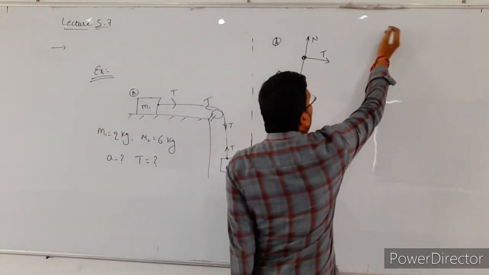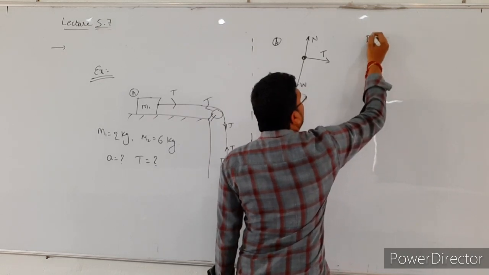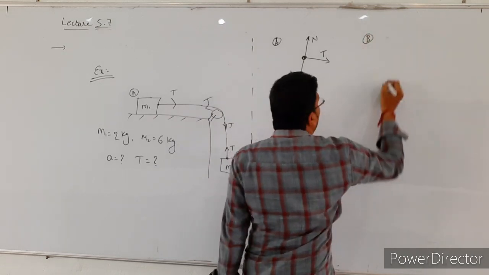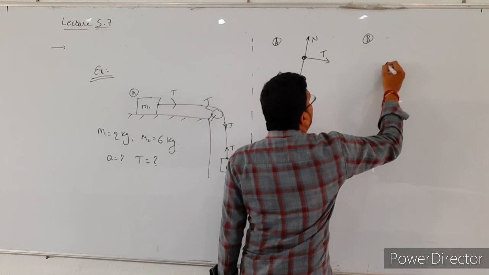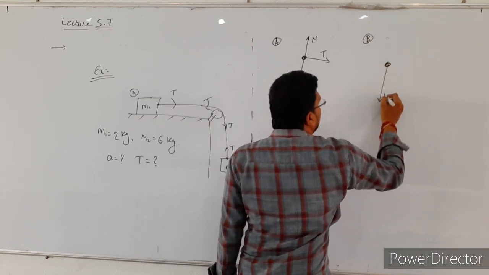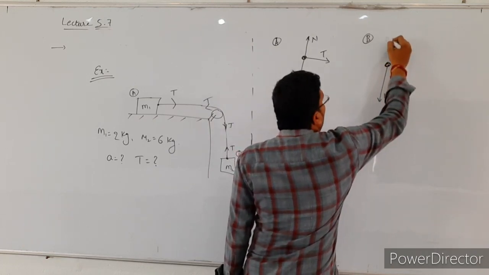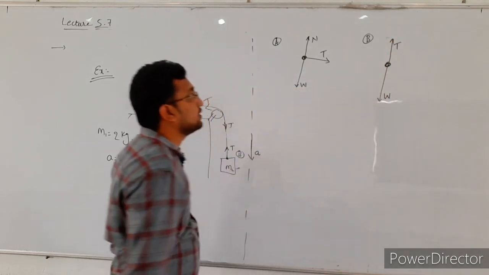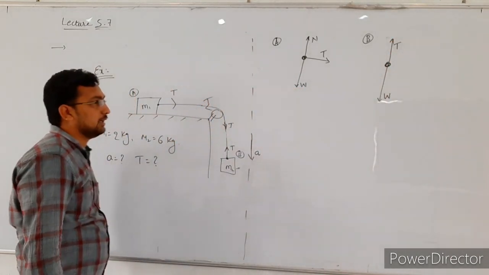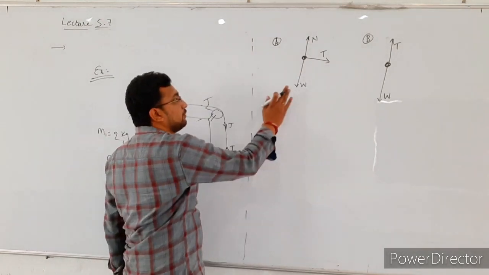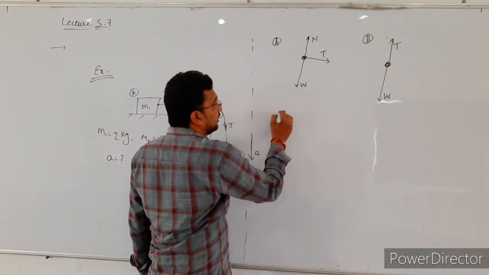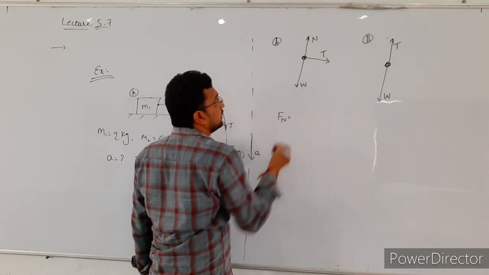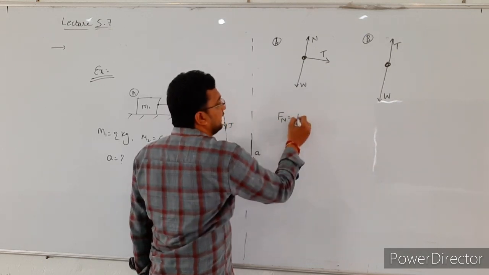Similarly, the free body diagram of body B, right? See here, consider this is a point object and here the weight is acting in the downward direction and the tension is acting in the upward direction. Okay, see here. So from this diagram, the net force acting on the system is equal to tension.